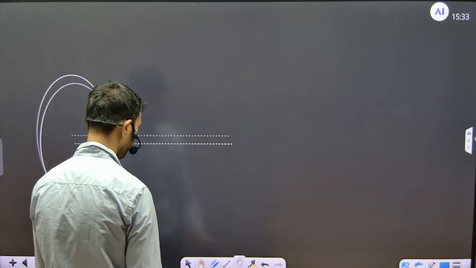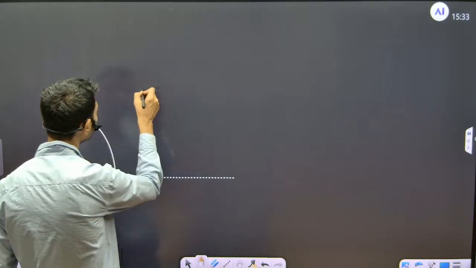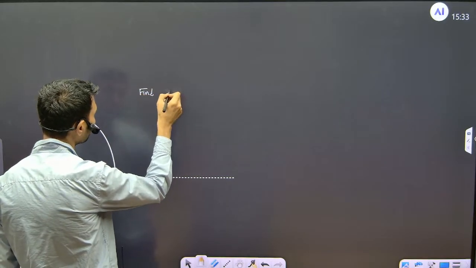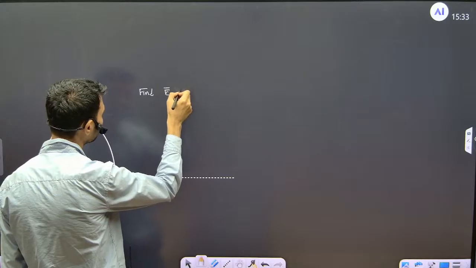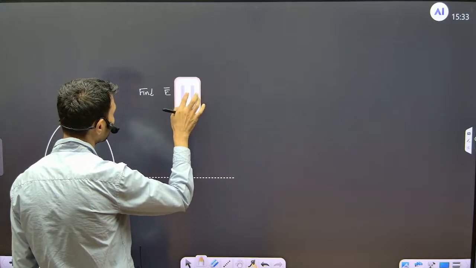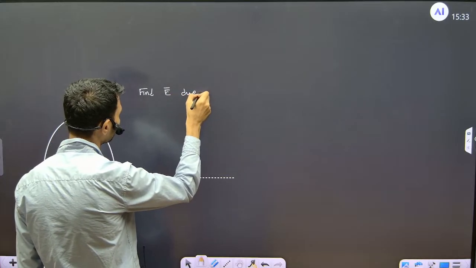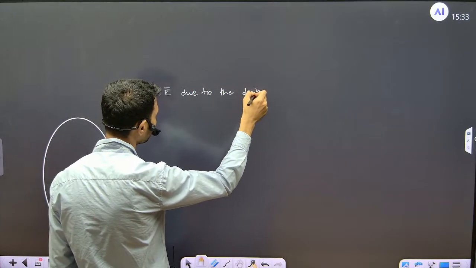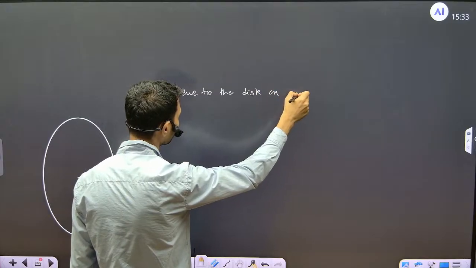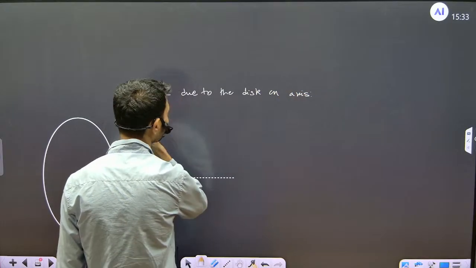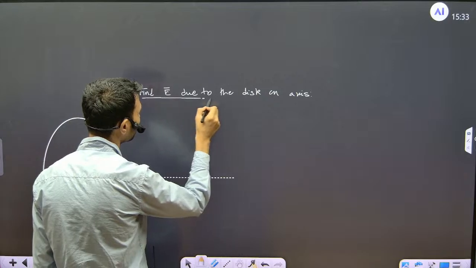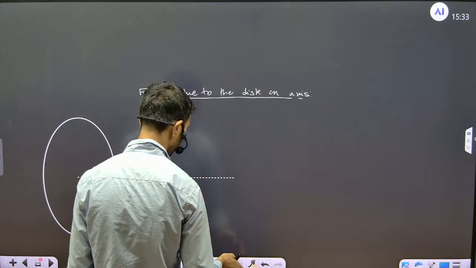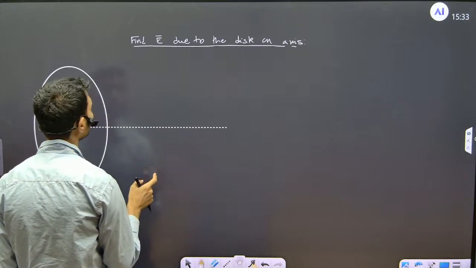I'll write down here. Find electric field due to the disk on axis, right? So let's see how to do that.